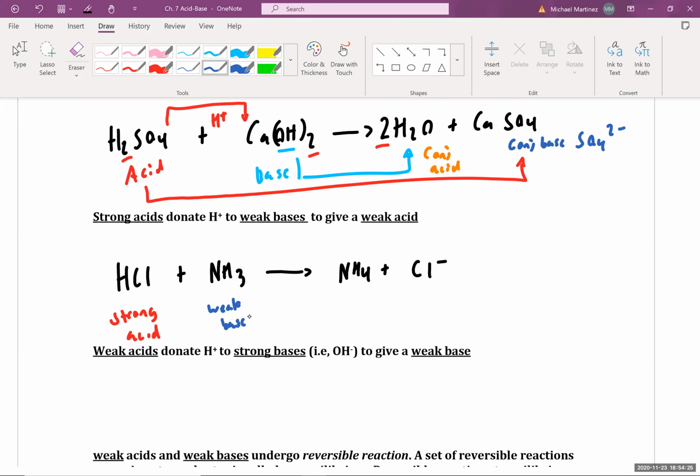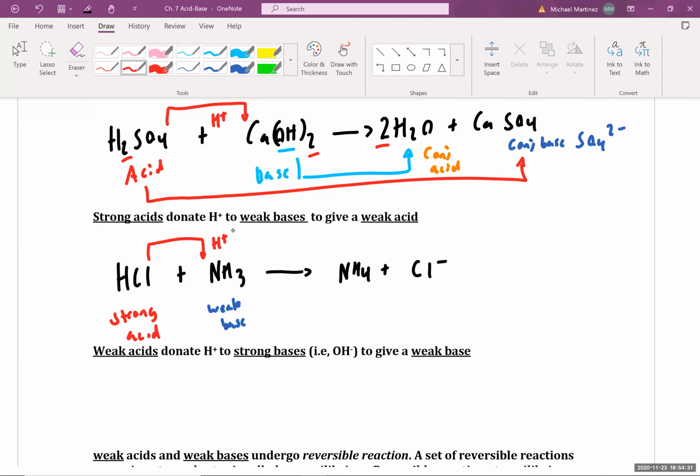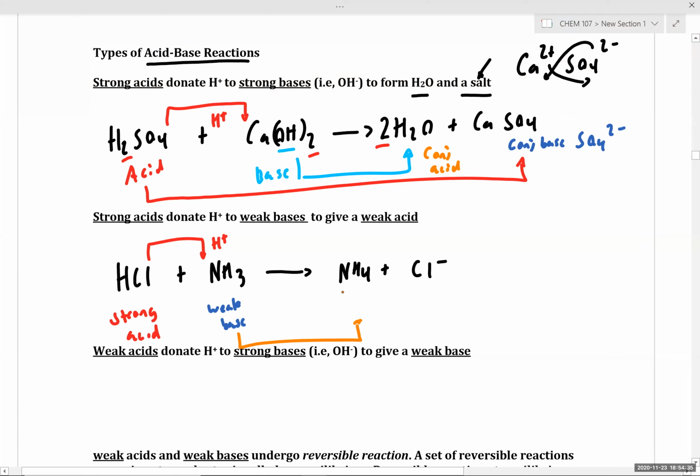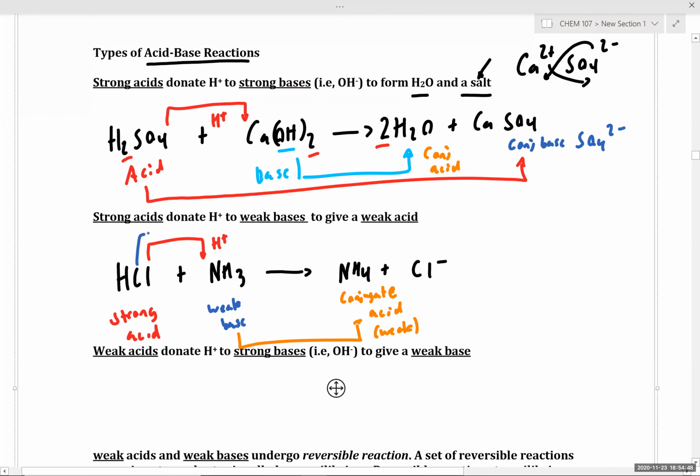And the strong acid and weak base are going to react. Hydrochloric acid is going to donate a proton, and in turn, we generate a weak conjugate acid. And this conjugate acid is pretty weak. And when hydrochloric acid reacts, it generates a very weak conjugate base.